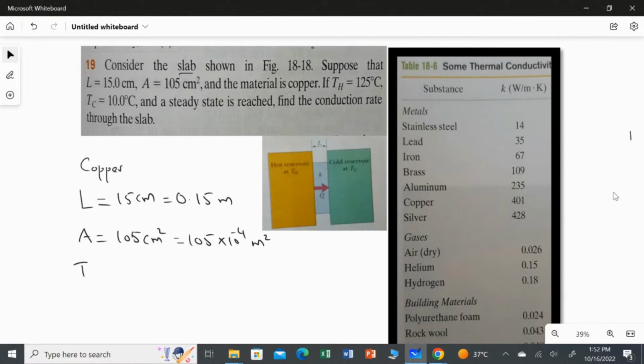And the hot temperature here is 125 degrees Celsius and the cold temperature is 10 degrees Celsius. So we are going to find the conduction rate.